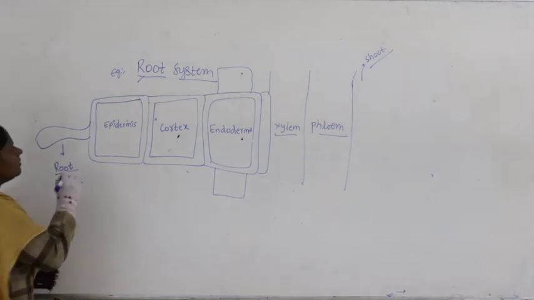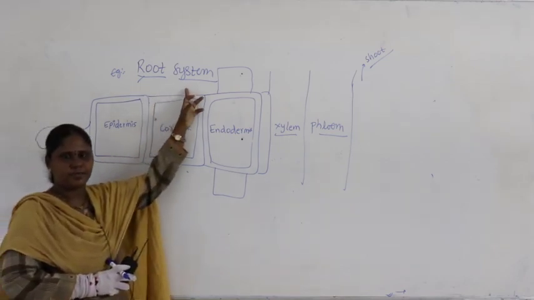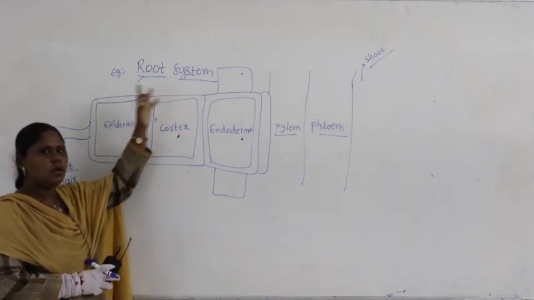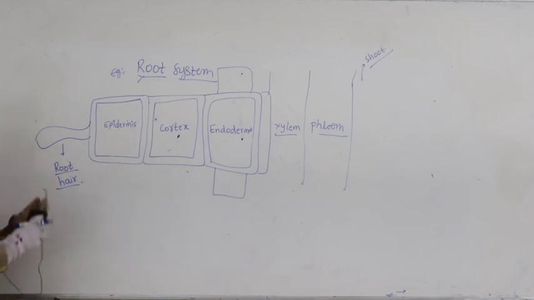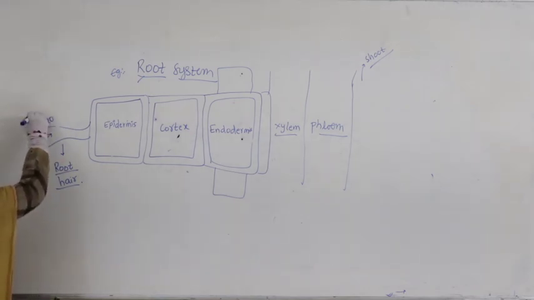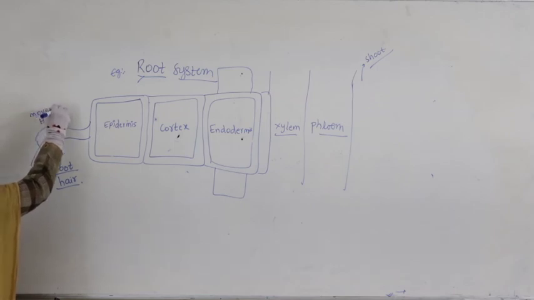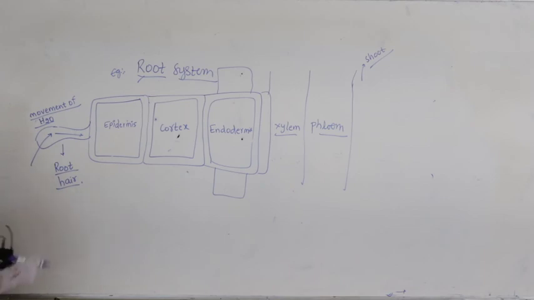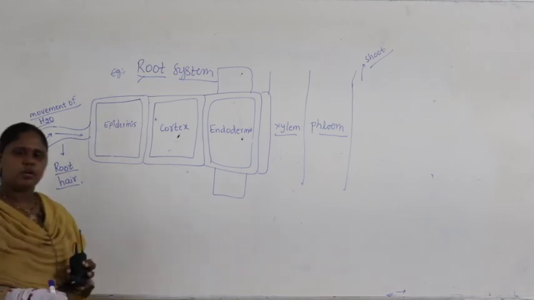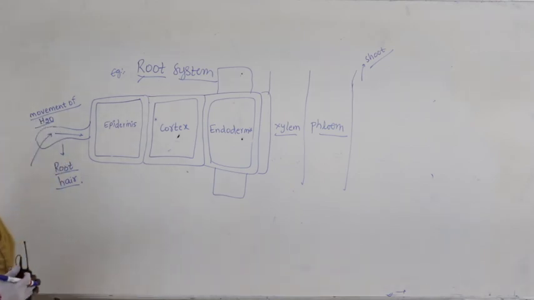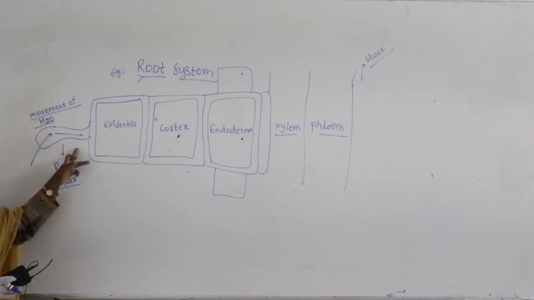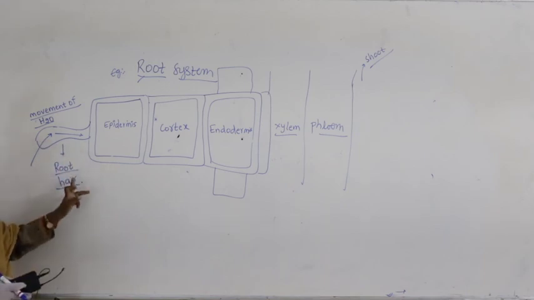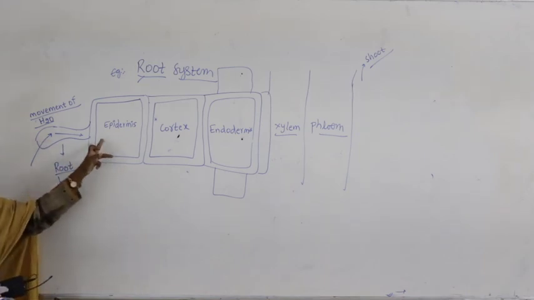We are discussing root system. From the root hair, what absorption occurs? Water is moving. We are talking about movement of water, and of course along with the water it carries minerals.